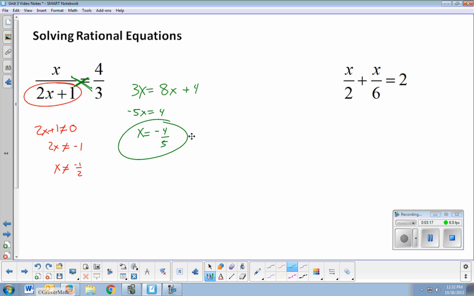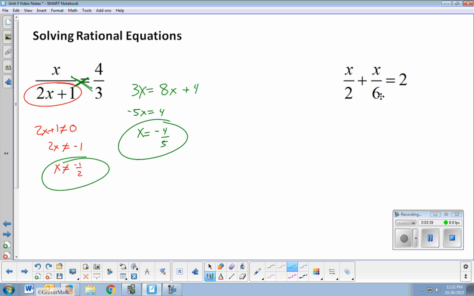And I could plug it back in to check it. But because it's not negative 1/2, I know it's not going to reject, but that's about it. It comes out to be a fraction answer. That's okay. A lot of these are not fraction answers, but this one happens to be. But when it's a proportion, just cross multiply. But always don't forget to state the value x can't be if there's a variable denominator.